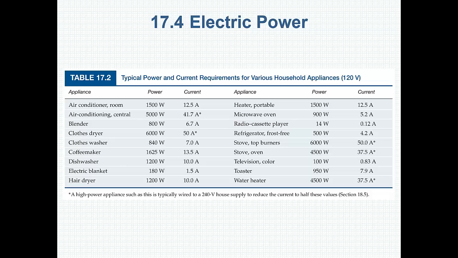It might be surprising to think of a coffee maker as being so high, but you have to remember any type of device that's really just generating heat is doing so by offering up a whole lot of resistance and therefore creating a huge power suck because it's trying to mooch as much energy from those electrons as it can in order to heat up. And so that's why you get stoves, coffee makers, hair dryers, pretty high wattage, water heater, very high. It's a lot of power usage for those types of devices.